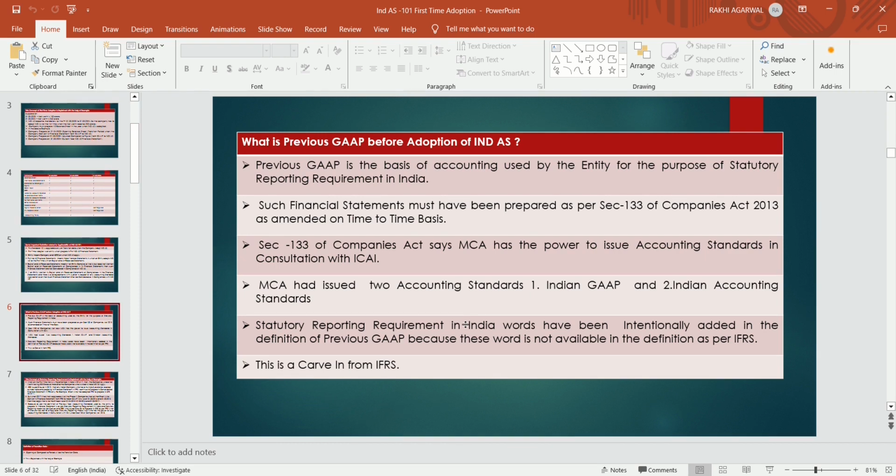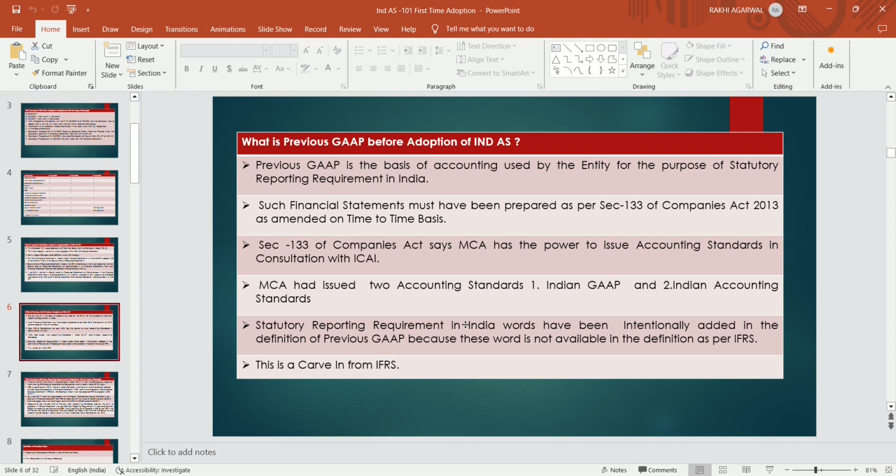these words are not added, then anyone can adopt any standards as previous GAAP. For example, they could adopt IFRS, meaning they would use any standards as previous GAAP. So these words are intentionally added in the definition of previous GAAP because they are not available in the IFRS definition of previous GAAP.